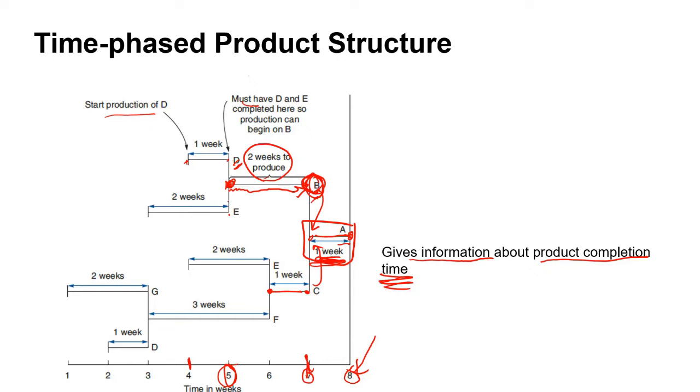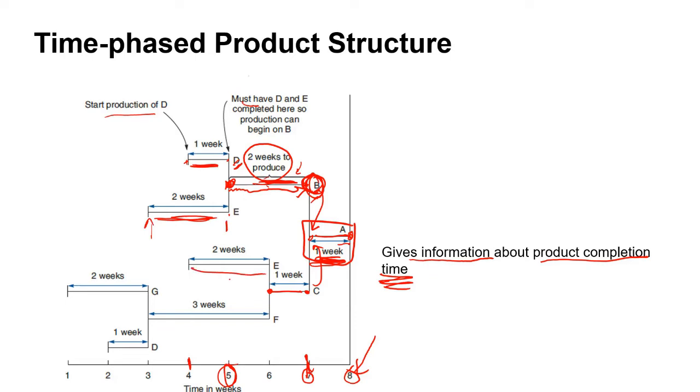So when D and E are available, we can produce B. This is the time to produce B, this is the time to produce D, and this is the time to produce or order E. Remember, lead time is either order or produce. For example, you place an order here, it will arrive here. It is available. Any questions?